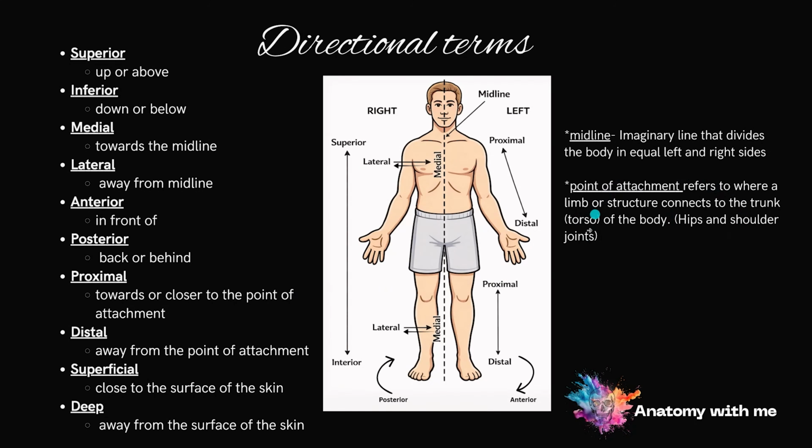The point of attachment refers to where a limb or structure connects to the trunk. So for example, the arms connect at the shoulder, that is the point of attachment here. The legs connect at the hip. So if we're closer to that point of attachment, we're proximal. If we're further away, we are distal.